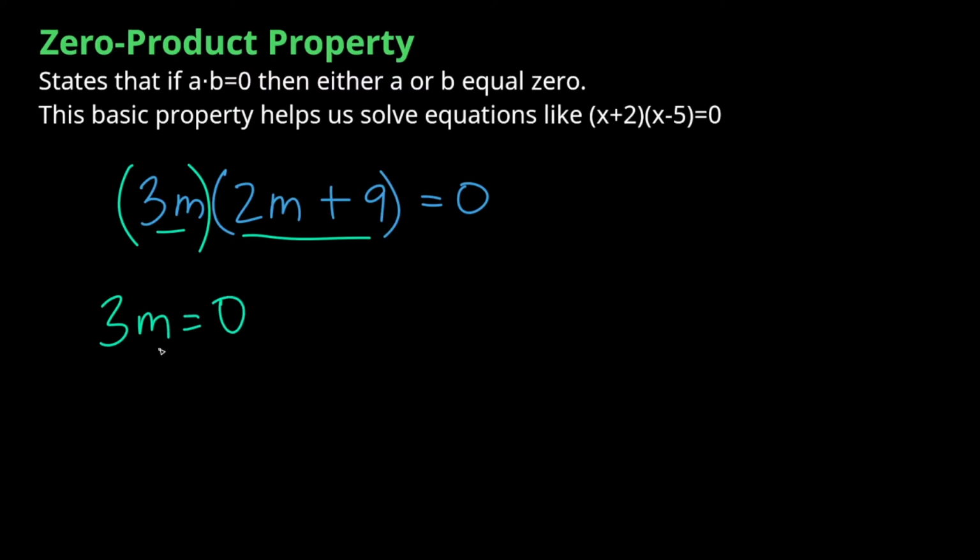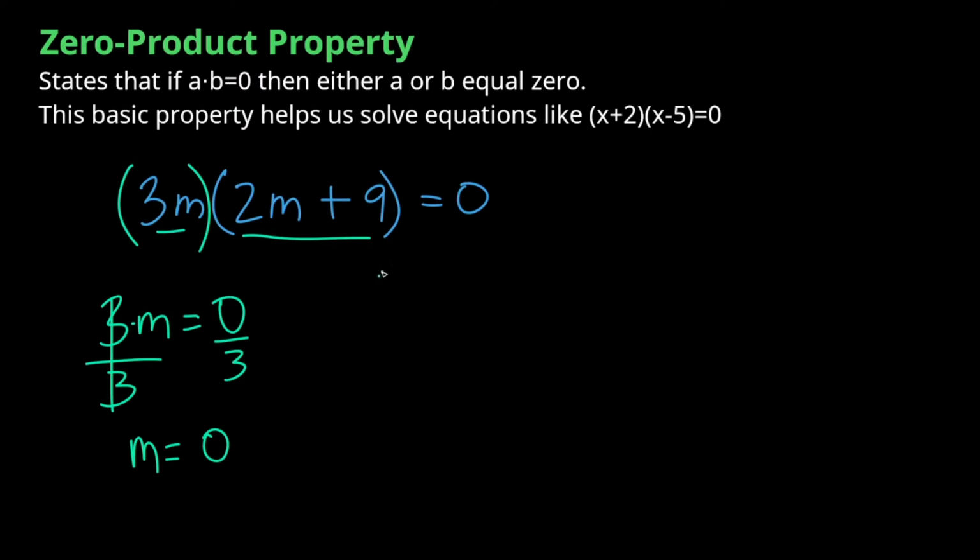We want to get m by itself, so we need to undo this multiplication. We can divide. We're left with m equals 0. 0 divided by 3 is 0. So when I plug in 0 for m right here, it becomes 3 times 0, which this whole thing becomes 0. So 0 times this number equals 0. So that's a true statement.